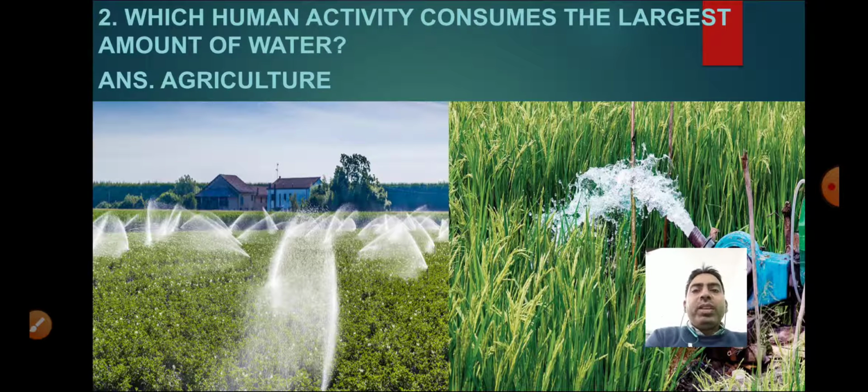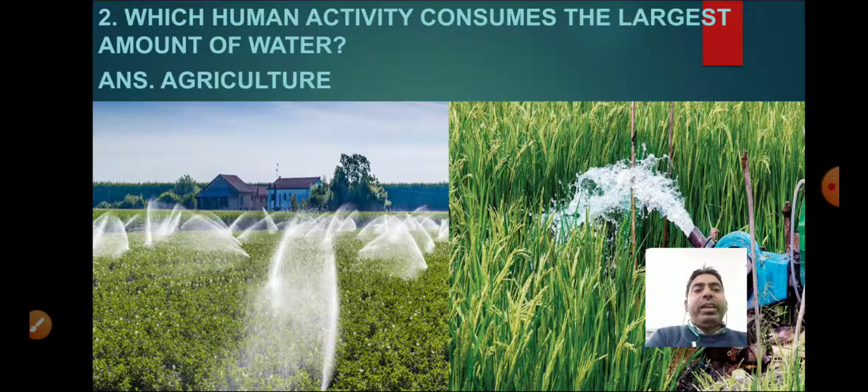Our next question is, which human activity consumes the largest amount of water? The human activity which consumes the largest amount of water is agriculture. You know that India is a country of farmers.